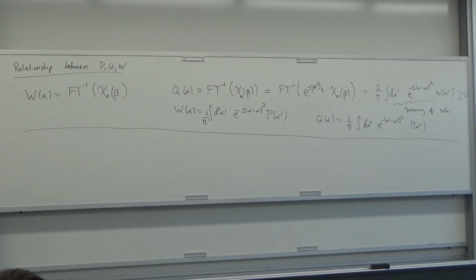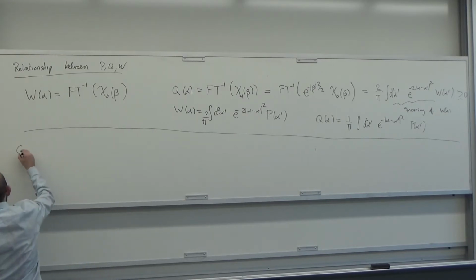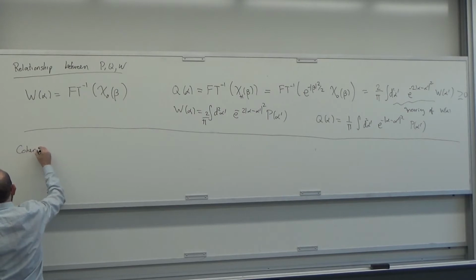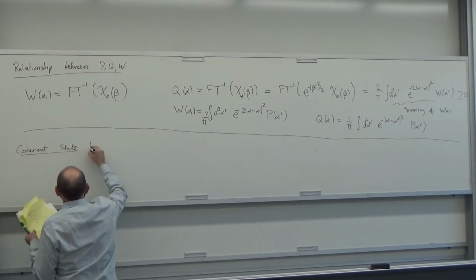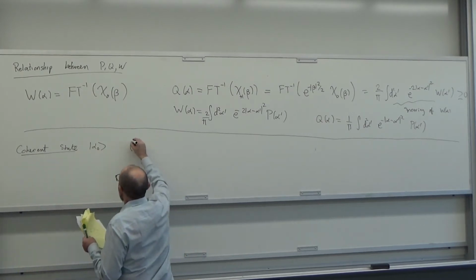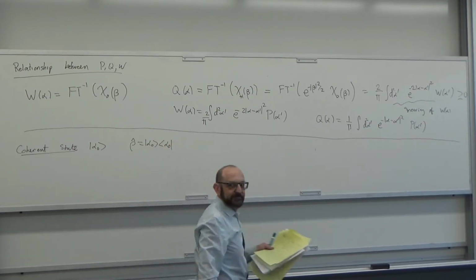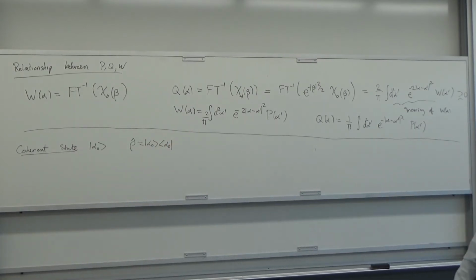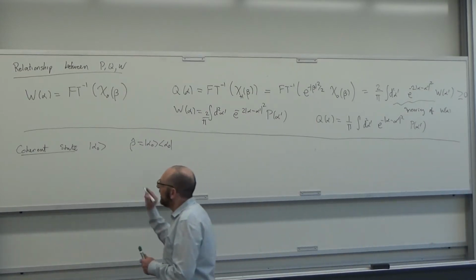All right, so let's say I have a coherent state. My density operator is a pure state. So, what is the P representation of this state?